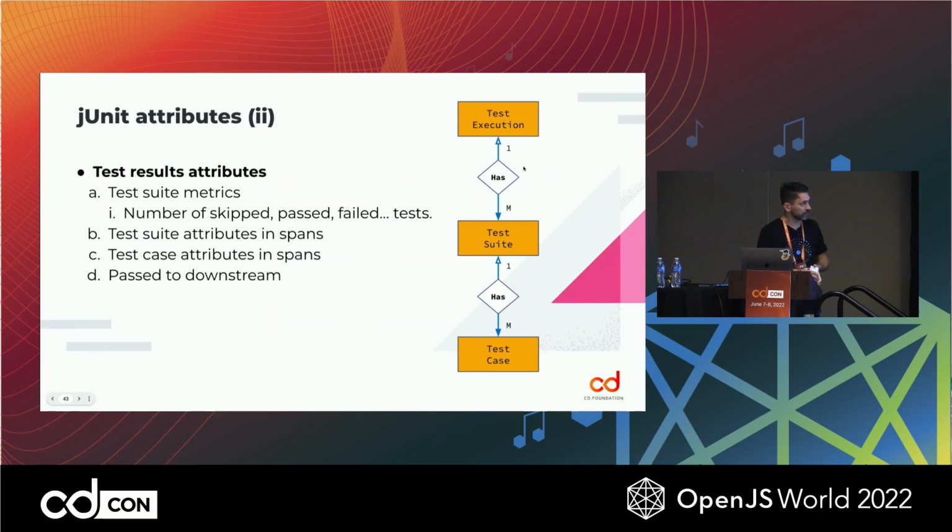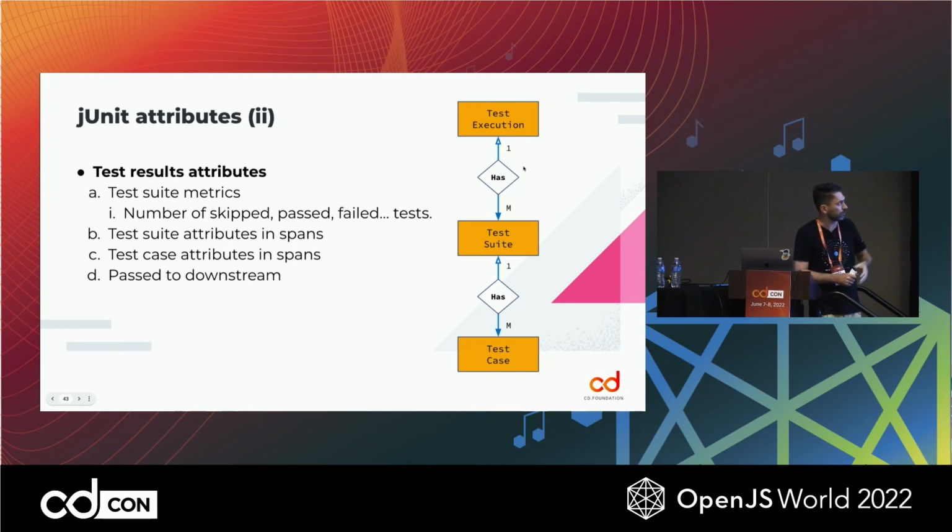And about the test reports, or the attributes for the tests themselves, we define this simple structure. We have a test execution that contains multiple test suites, and each test suite contains multiple test cases. It's the XSD of the XML report. Well, we are getting the attributes, and we are passing downstream all of the attributes.